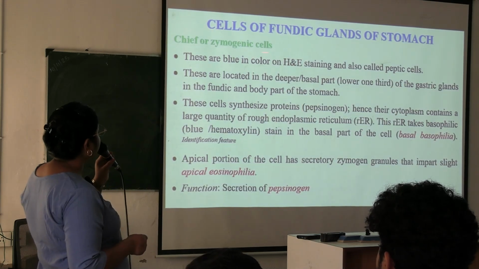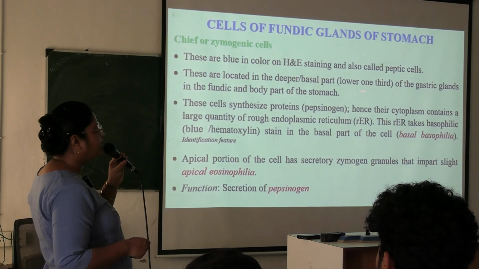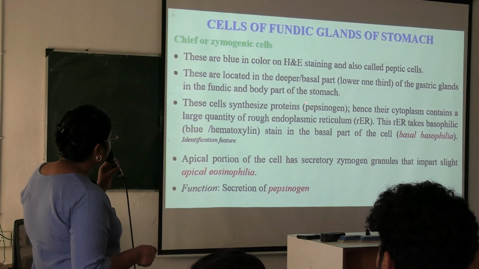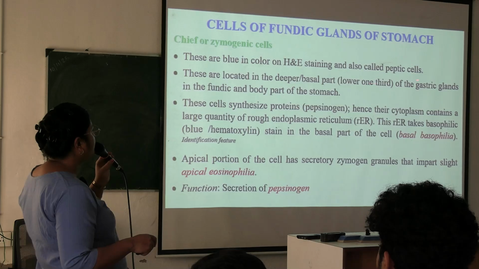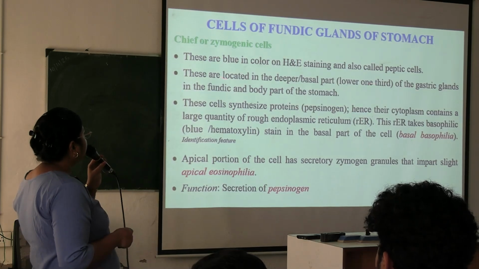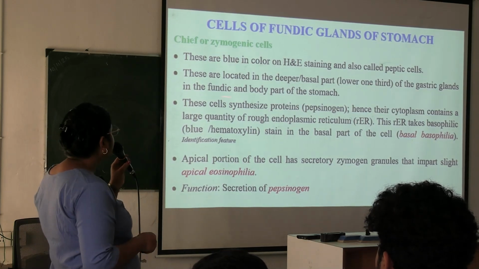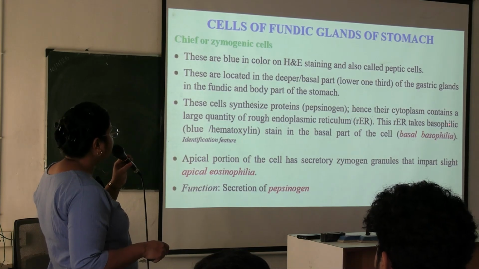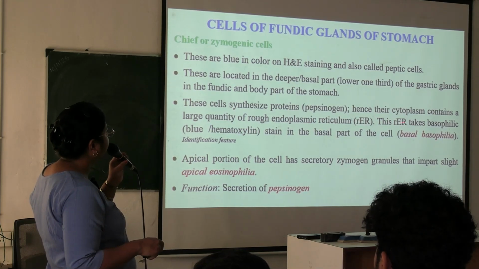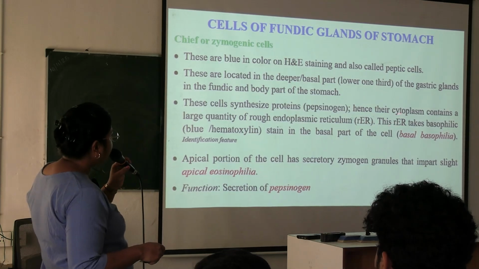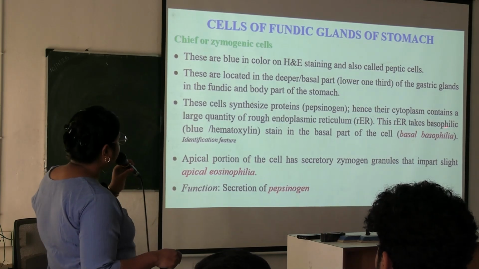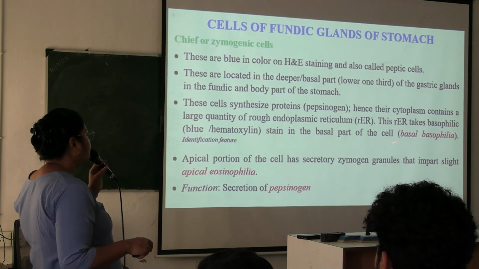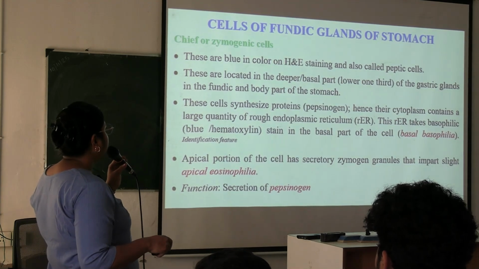Next is chief cells or zymogenic cells. These are blue in color on HE staining, also called peptic cells, and are located in the deeper or basal part, that is the lower one third of the gastric glands in the fundic and body part of the stomach. These cells synthesize proteins, pepsinogen. Hence their cytoplasm contains a large quantity of rough endoplasmic reticulum, which takes basophilic or blue hematoxylin stain in the basal part of the cell, that is basal basophilia.